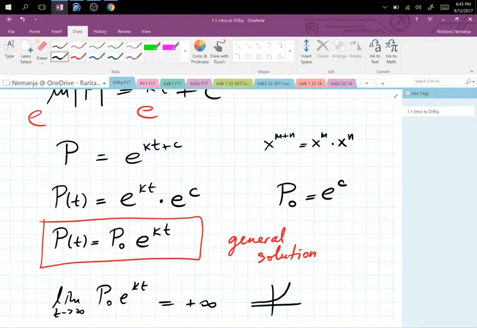So in the initial case, when time is 0, this is the entire initial population. That's why we label it as P0. At initial time, you have initial population. And initial time is always t equals 0, hence the word initial.